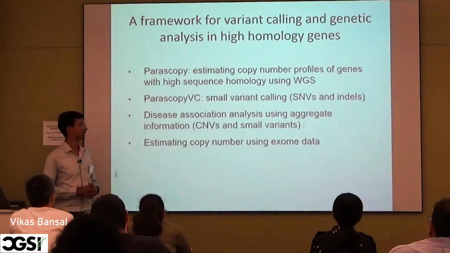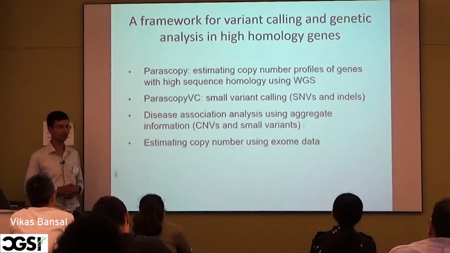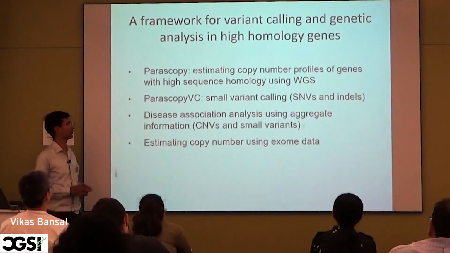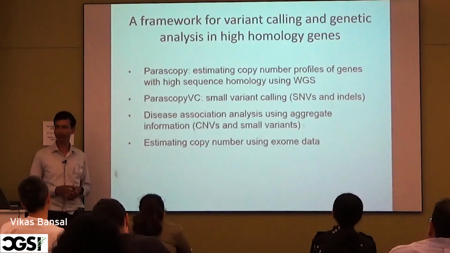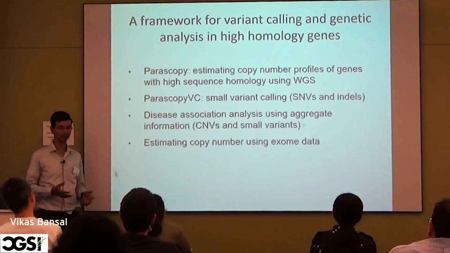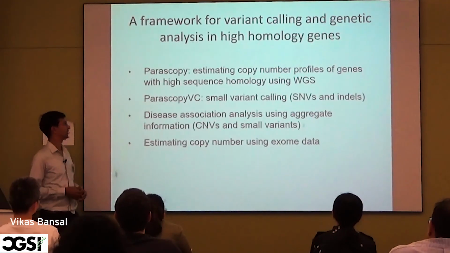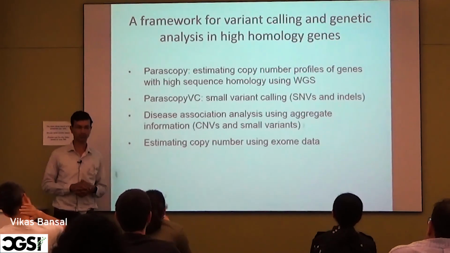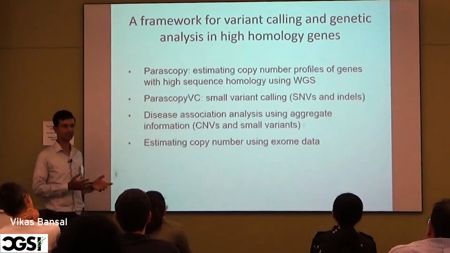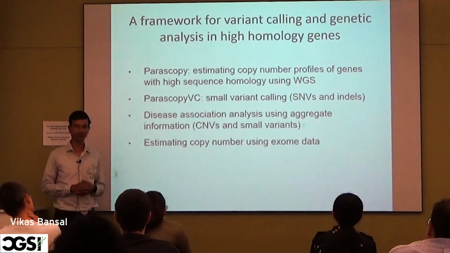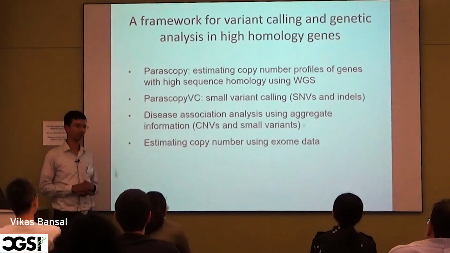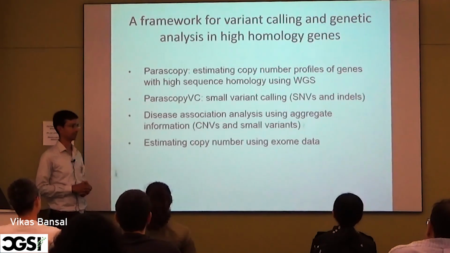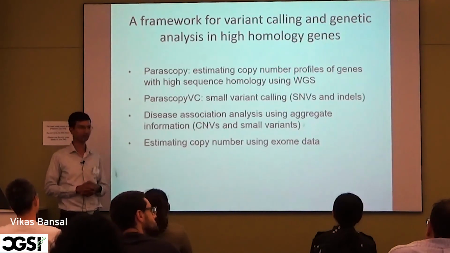Around 2017 we decided to work on this problem to build a framework for being able to do variant calling and copy number calling in these genes. Here's the list of the problems that we're trying to solve. First, as I said, since these genes vary a lot in copy number, our first goal was to estimate copy number of any given gene that has high sequence homology using whole genome sequence data.